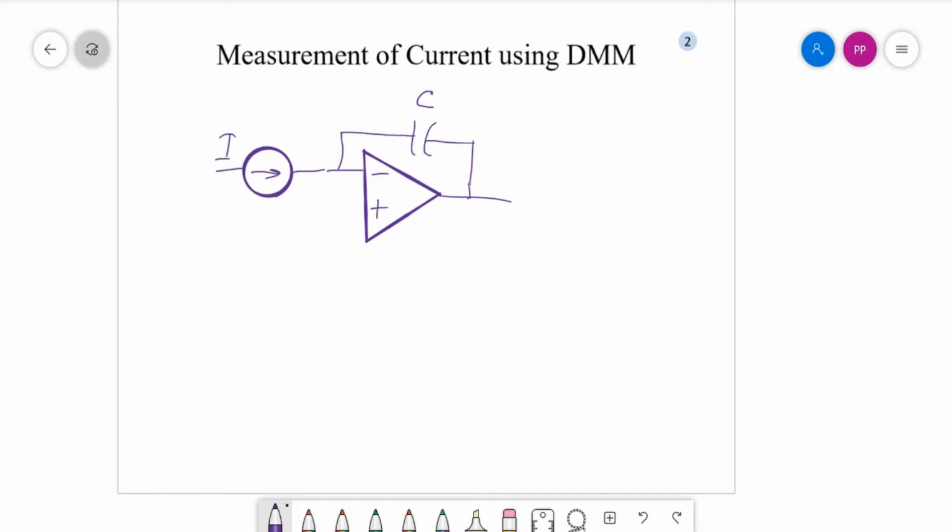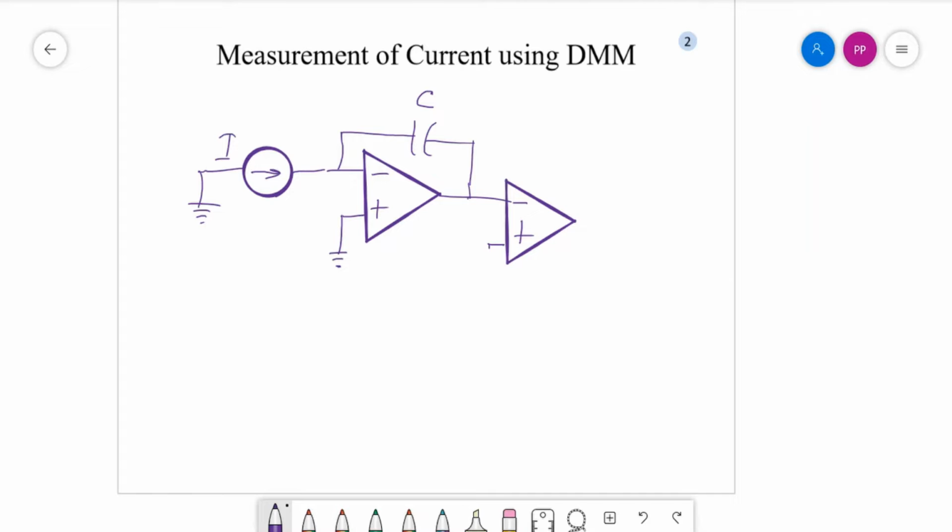We have the non-inverting input, which can be grounded, and the output of the integrator is given to a comparator. So minus plus.